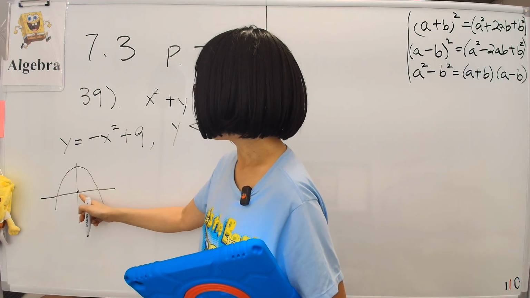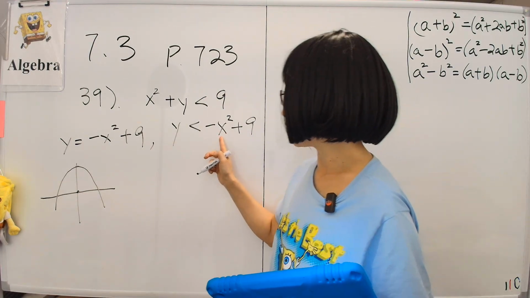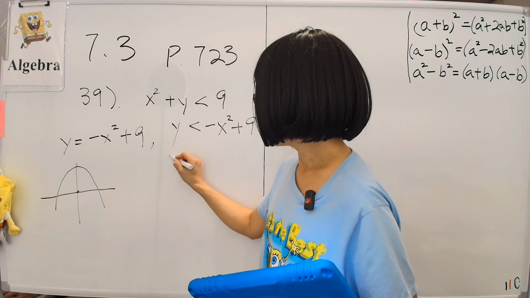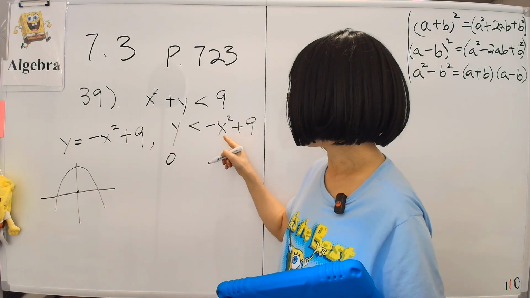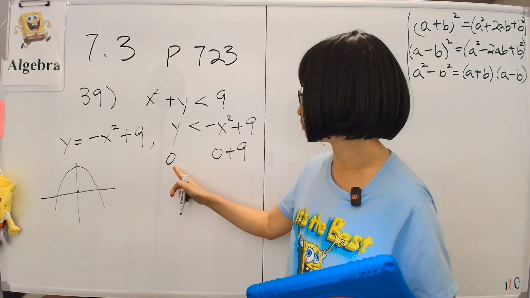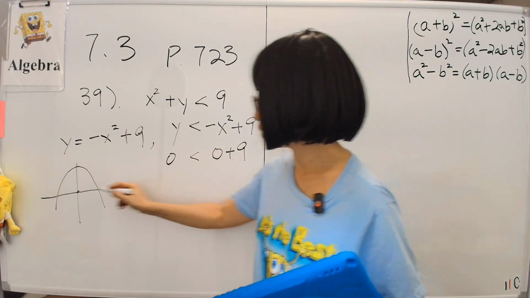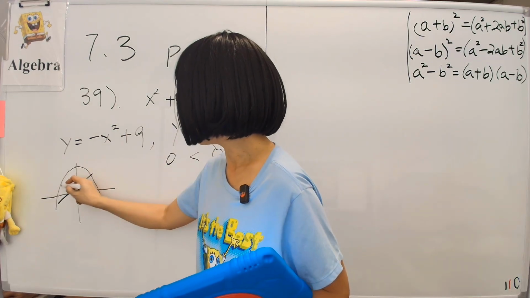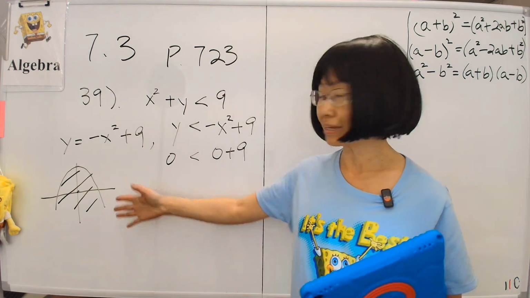At this point, if x is 0, y is also 0. So we have 0, and then this is 0 plus 9. What's the relationship between 0 and 0 plus 9? That would be less than. So this entire region would be the answer to our question, and that's the end of the problem.